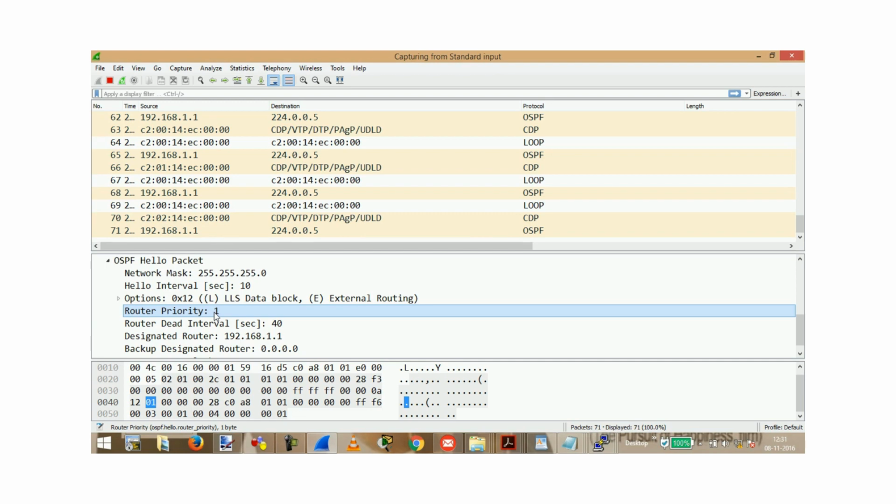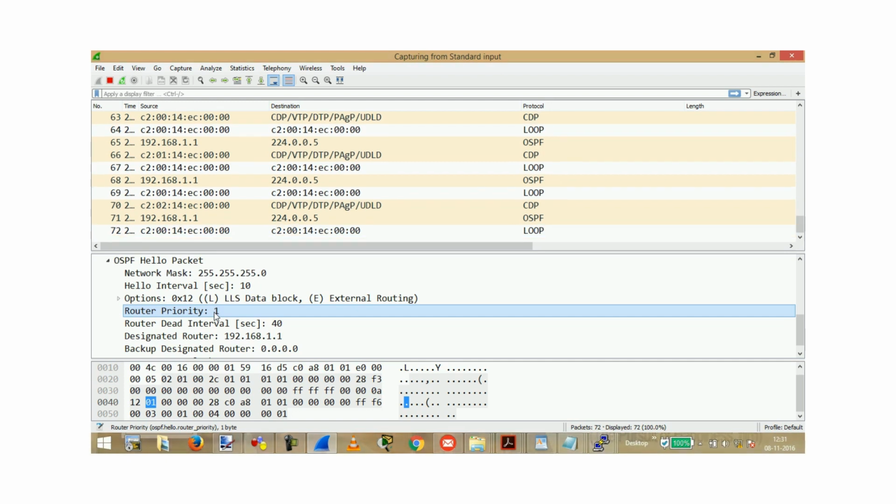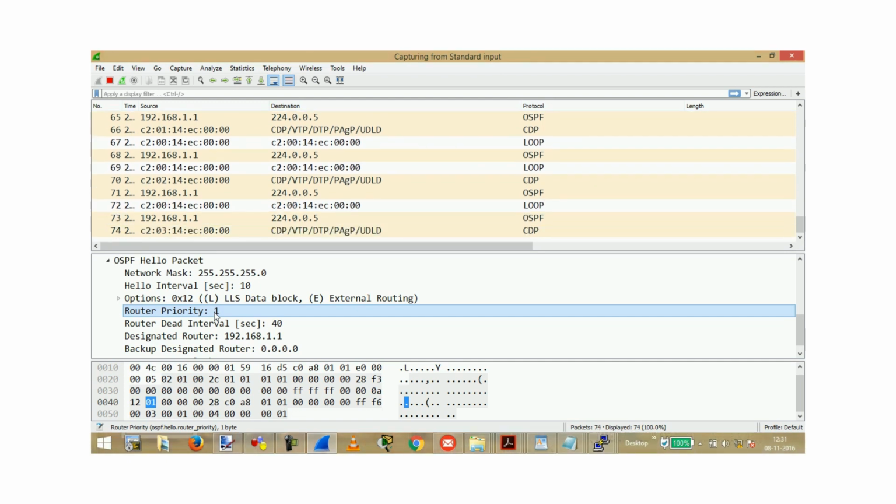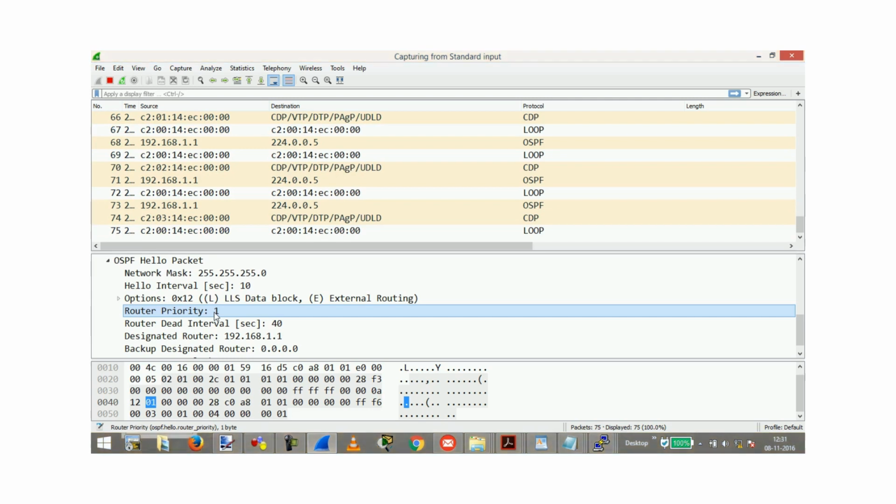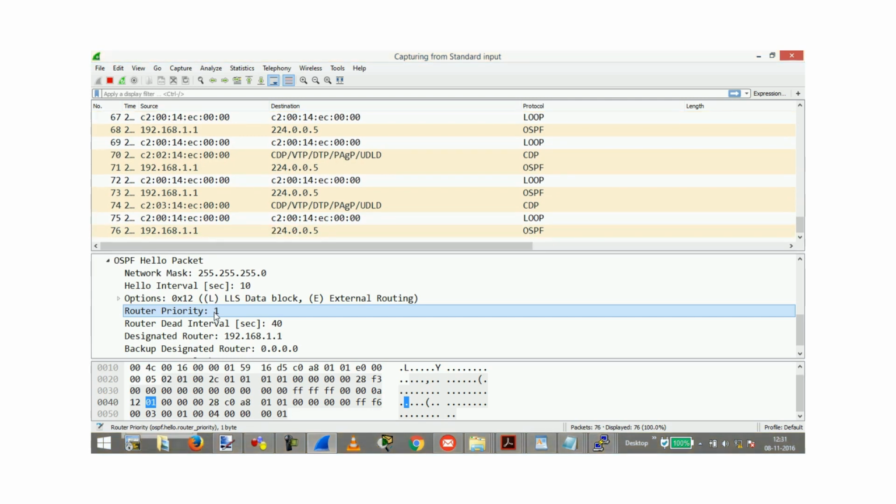If anybody asks you which message is used to share brief information about the database, it is the database description message. If anybody asks you which message is used to carry the detailed information, it is the link state update message. If anybody asks you how do you ask for detailed information about a particular link, it is the link state request message.